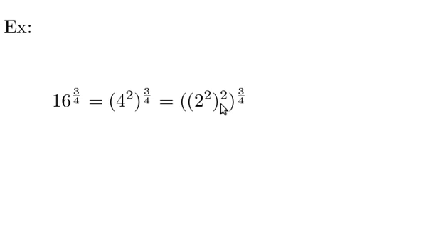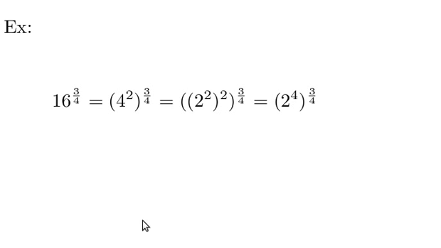So now we've sort of expanded this out in kind of a strange way. So now we can combine these two numbers to make this equal to 2 to the power of 4 to the power of 3/4. So now we're almost done simplifying. So now we just, by Rule 3, will combine this exponent and this exponent.